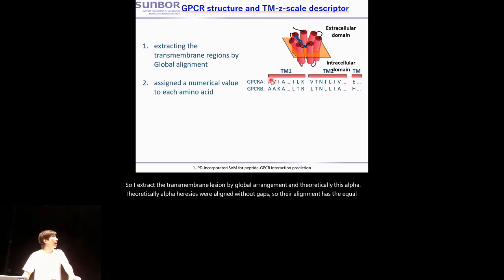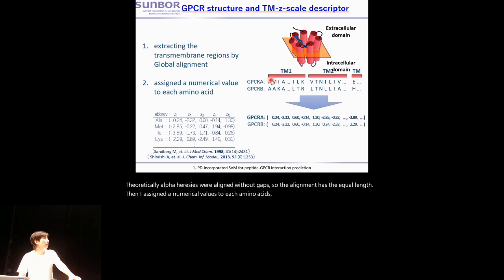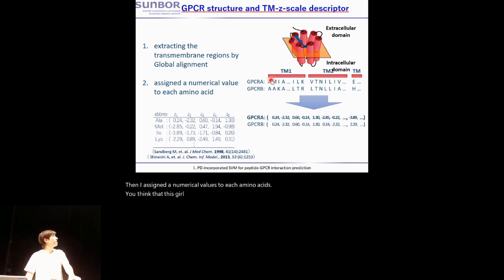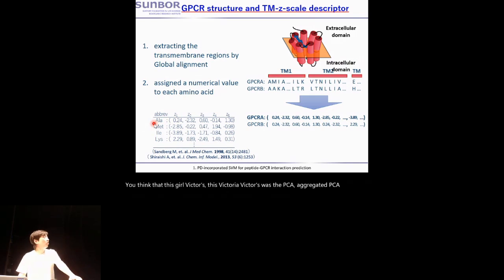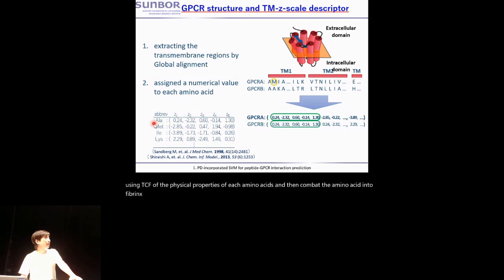Then I assigned numerical values to each amino acid using the Z-scale vectors. These Z-scale vectors were calculated using PCA of the physical properties of each amino acid, and then convert the amino acid into 5-length vectors like this.